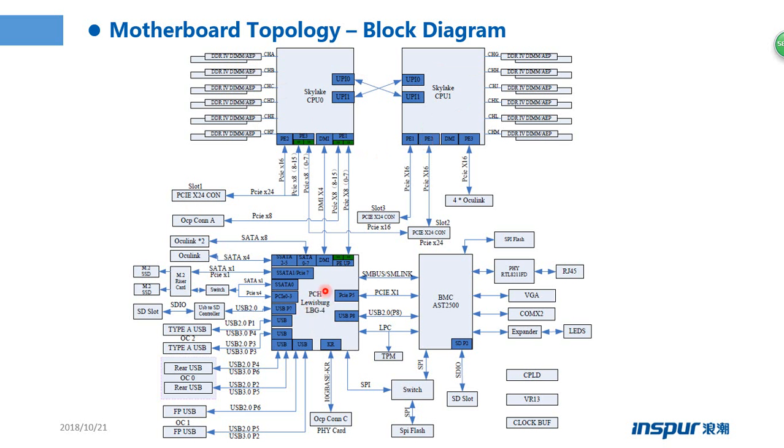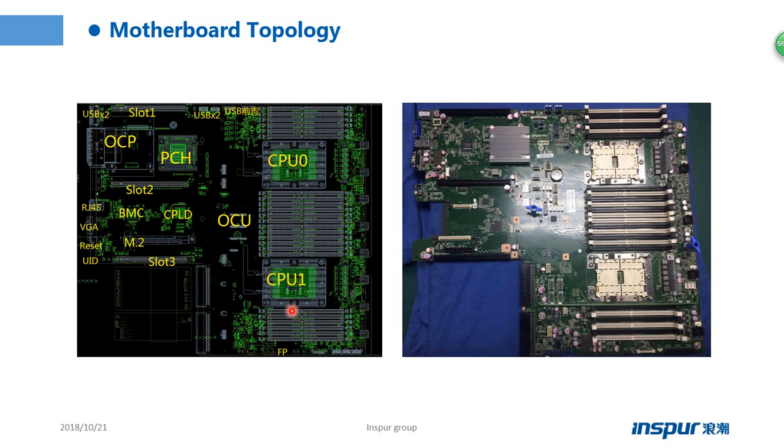The PCH chipset, and the BMC chipset. If you want detailed information, you need to look at the picture in detail. Okay. The next page shows the physical pictures of the motherboard.